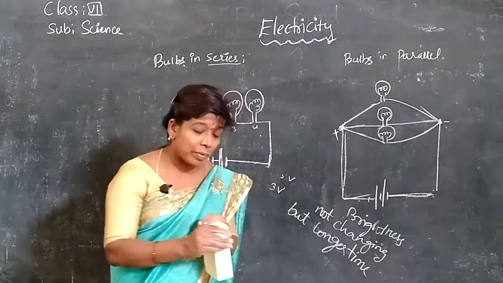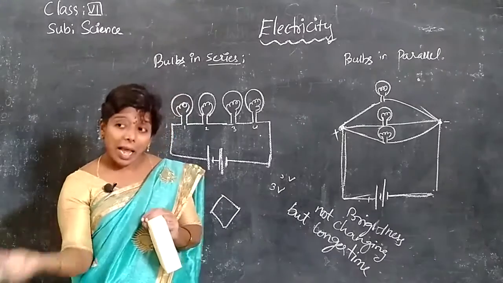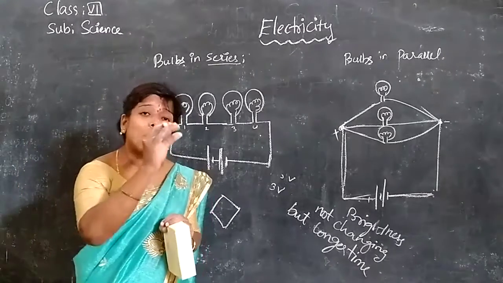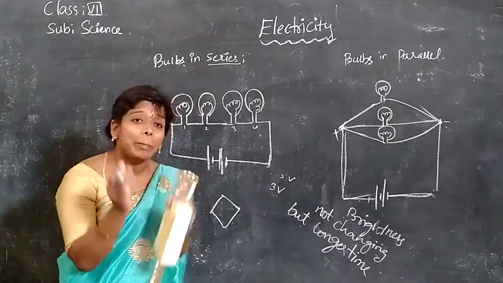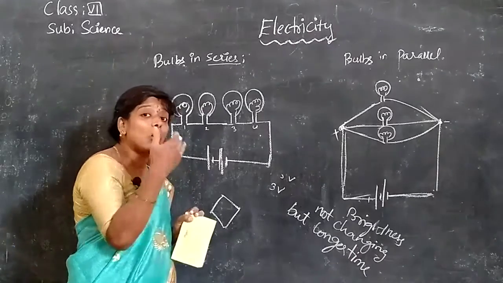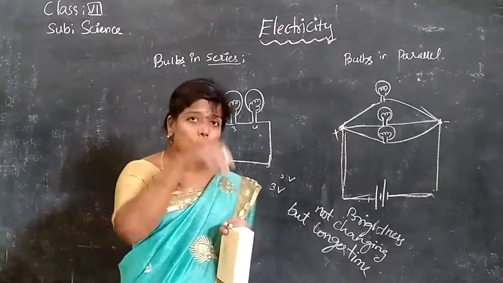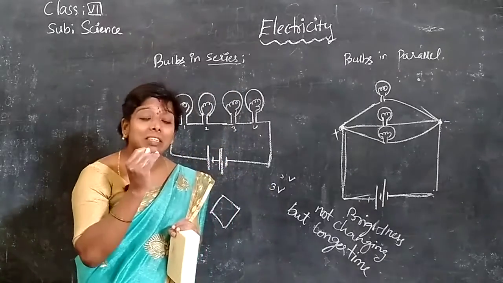Another person came. What happens to your rice quantity? It decreased a little bit. Again one more person came, the quantity decreased. One more person came, the quantity decreased. The same process happens in this case. When bulbs keep increasing, they are glowing, but the brightness is decreasing.